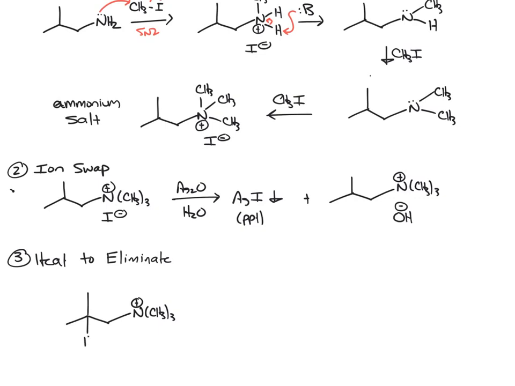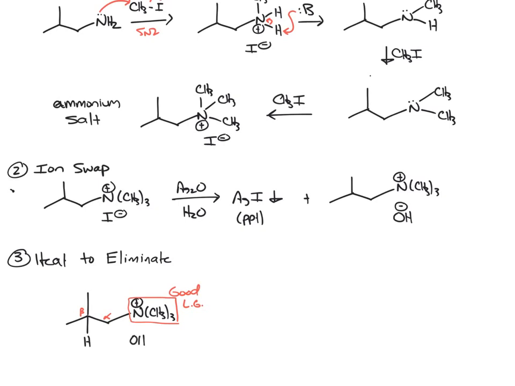Okay, I'm going to go ahead and draw back in our beta hydrogen. But what you should notice is that we have this positively charged nitrogen species, which is, unlike a neutral nitrogen, a good leaving group.